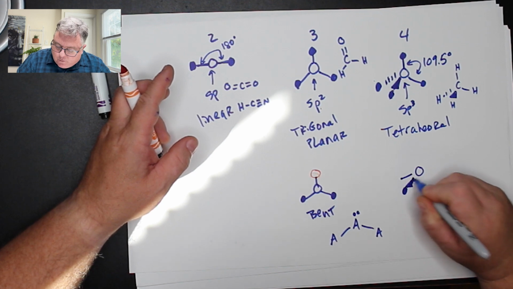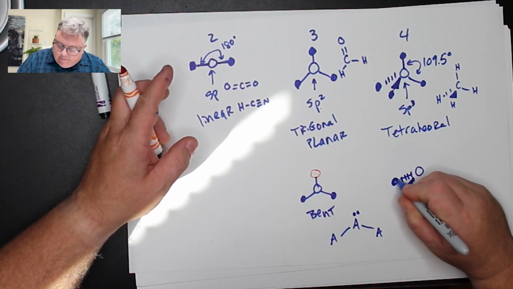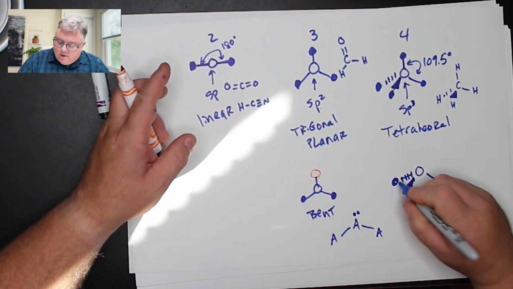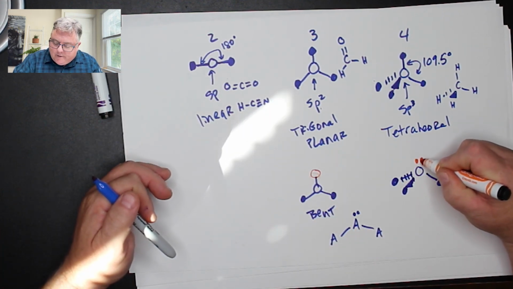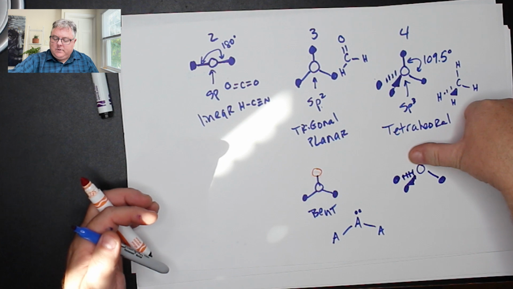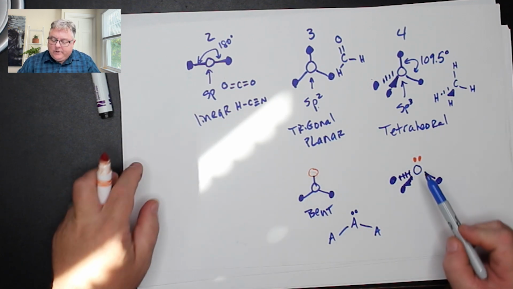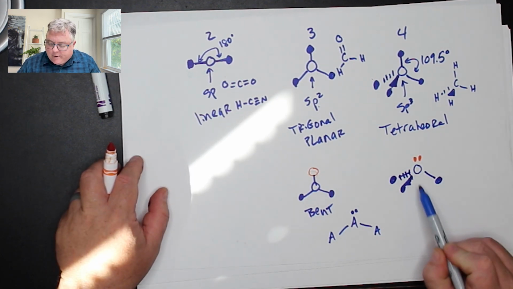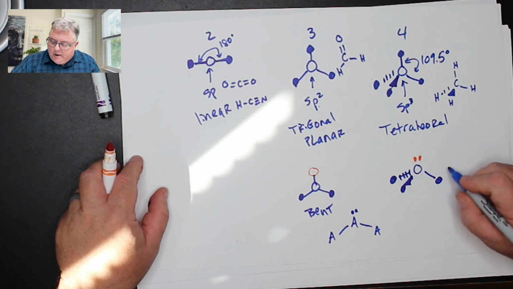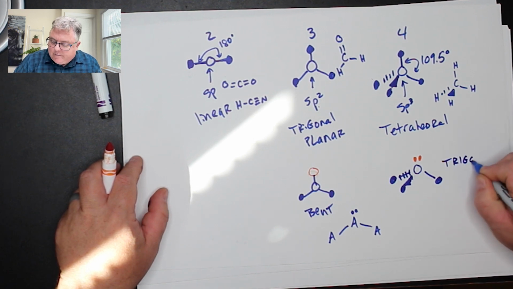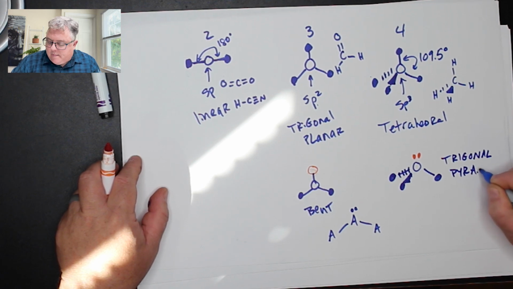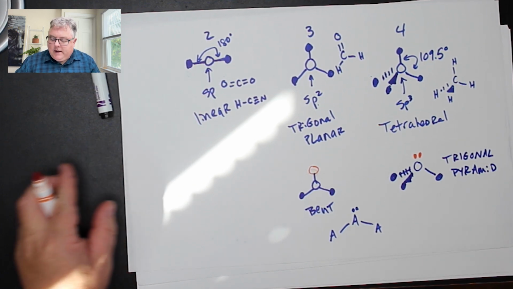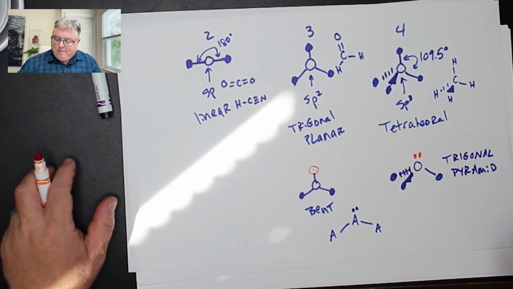So the one coming towards us, the one going away from us, and then one over here. And we'll make the top one just a lone pair of electrons, something invisible. So that shape looks more like there's a triangle on the bottom of it, and it looks like a pyramid. This is a trigonal, because the base is a triangle, pyramid. It has a trigonal pyramidal shape.